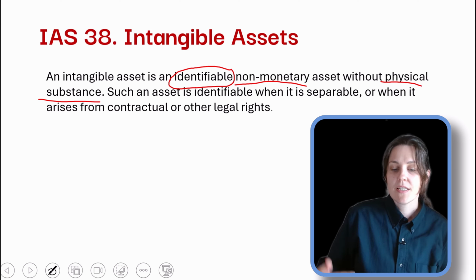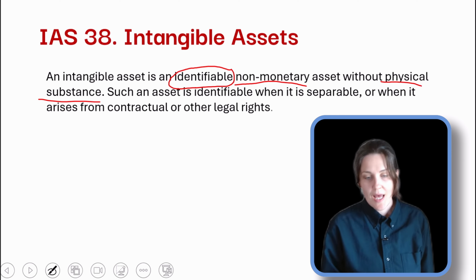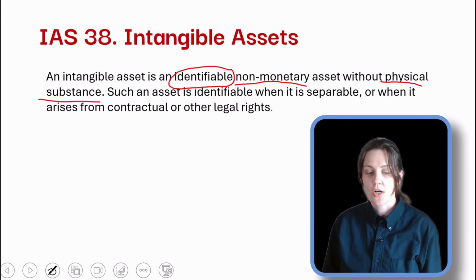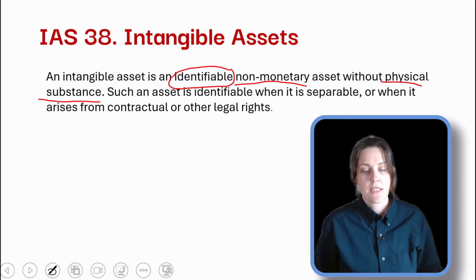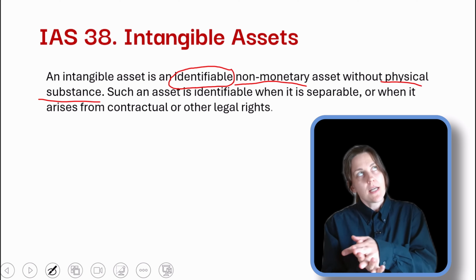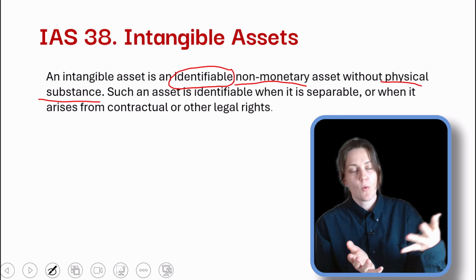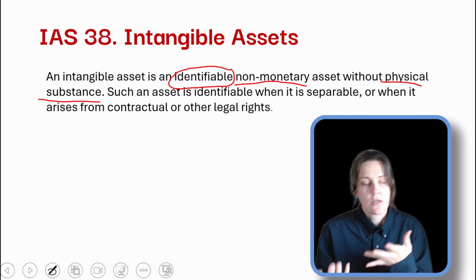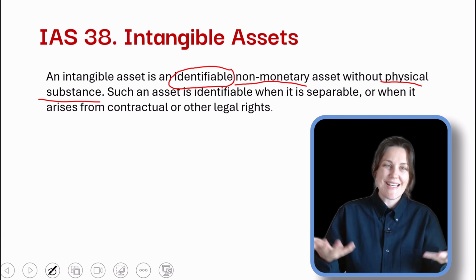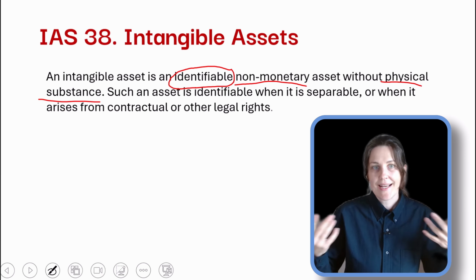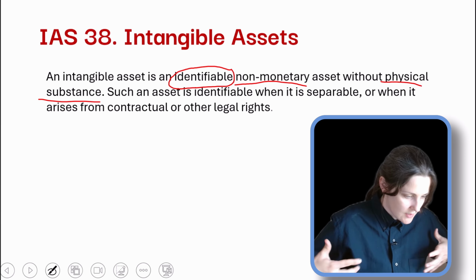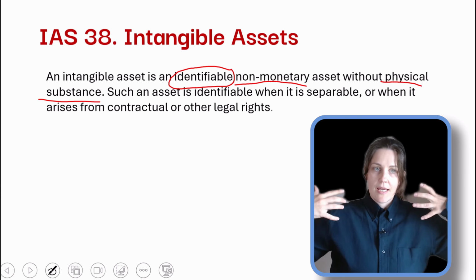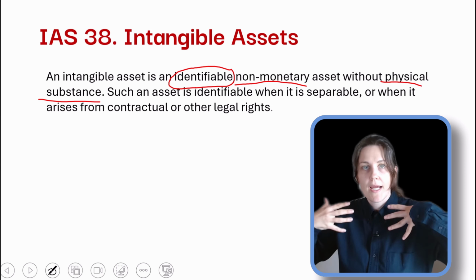Such an asset is identifiable when it is separable or when it arises from contractual or legal rights. That is tested when we are asked to discuss whether something is an intangible asset or a service. For example, if you sell software or access to something, are you selling and transferring an intangible asset, or is it just a service?